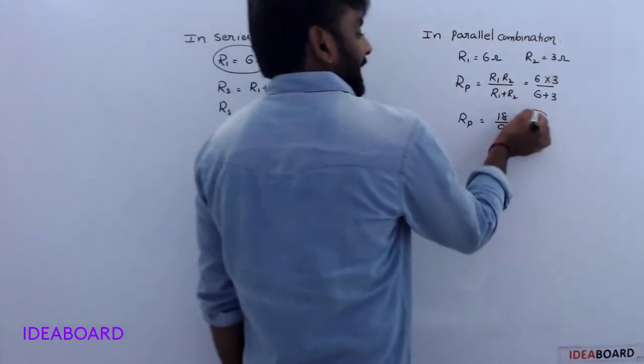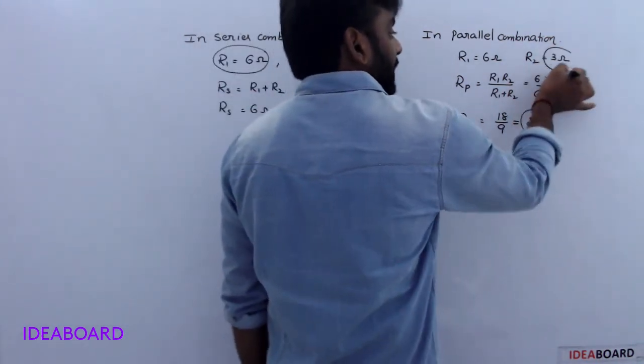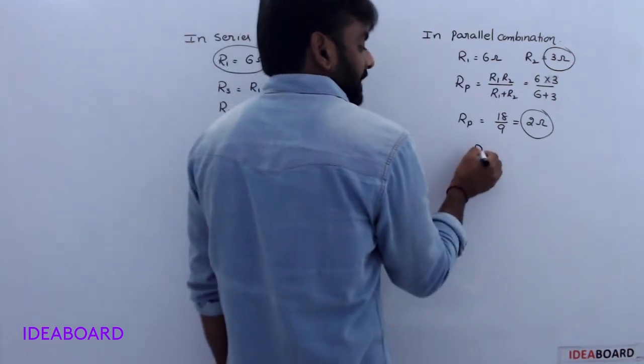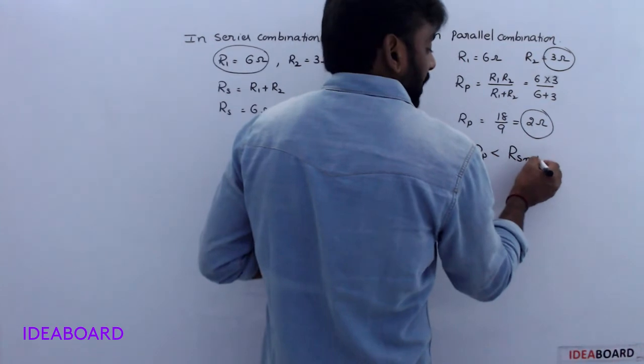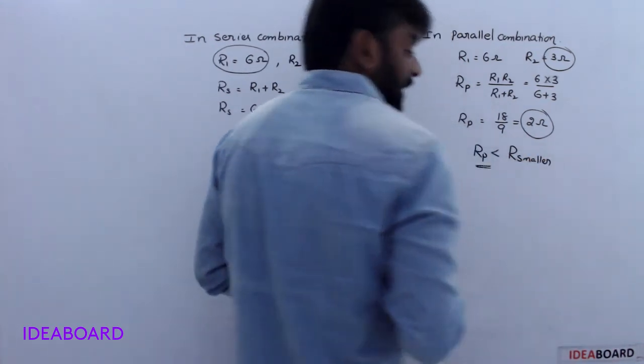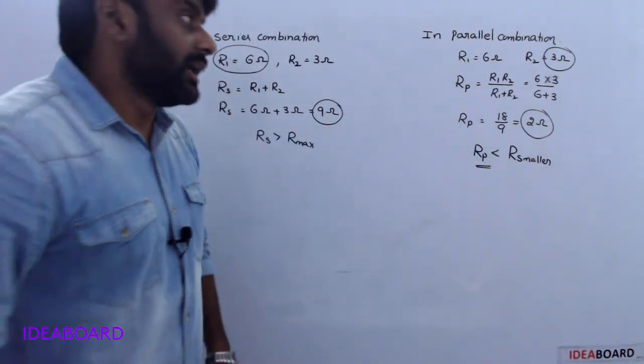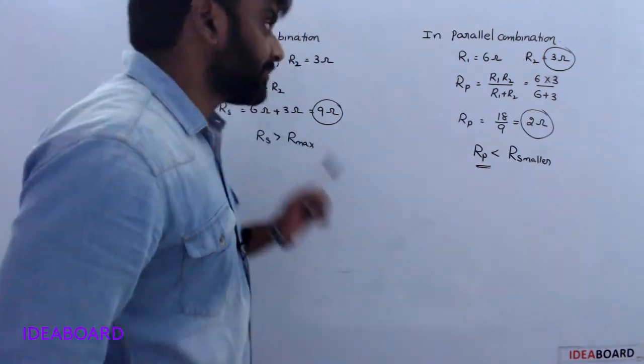See, the resultant is lesser than the smaller value. That means in parallel combination, the smaller value is greater than the resultant. Understood? Okay.